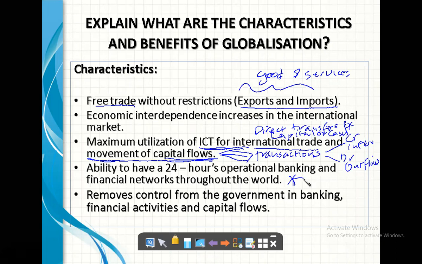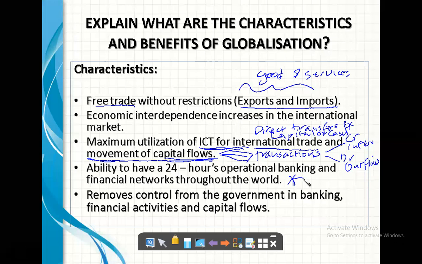So if we are expecting some money from, for example, USA, and it is about 9 o'clock in the night in Papua New Guinea, that transaction will still come into our banks. And by the time it's morning and 9 o'clock, our bank opens, and that person that goes to check that transaction will find that the money is already there. Is that clear?